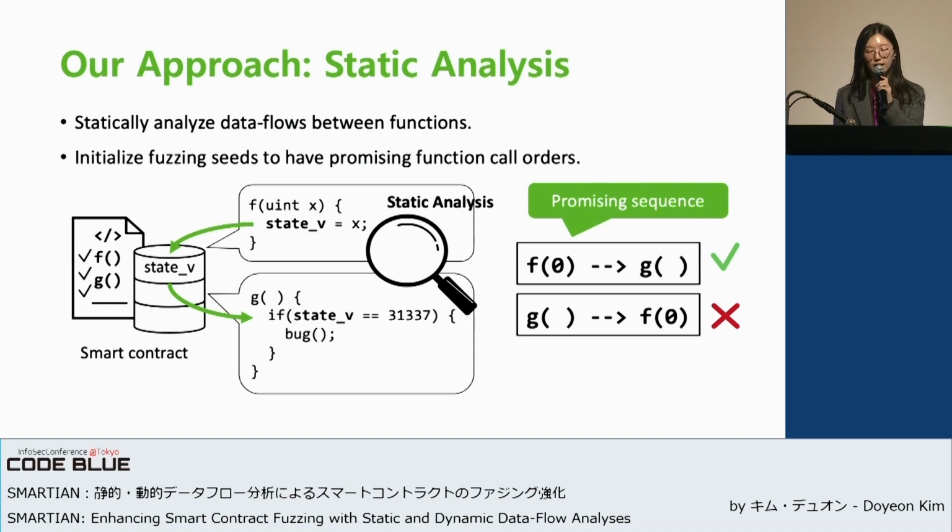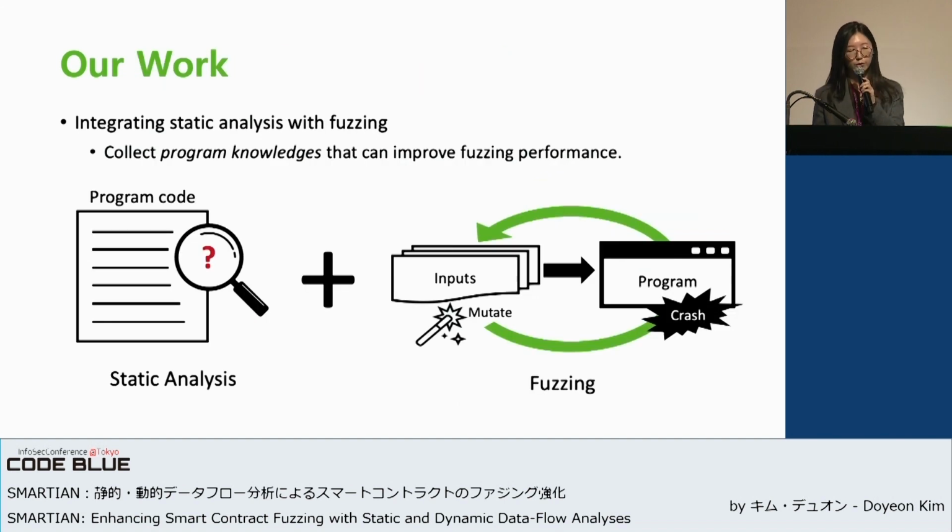Then we initialize the fuzzing seeds with those promising sequences and pass them to the fuzzer. So the summary is that we integrated static analysis with fuzzing. That means static analysis collects program knowledge so that it can improve fuzzing performance.